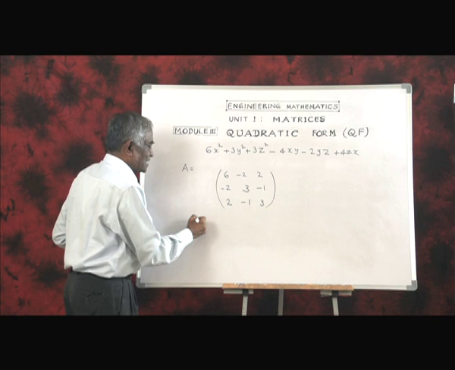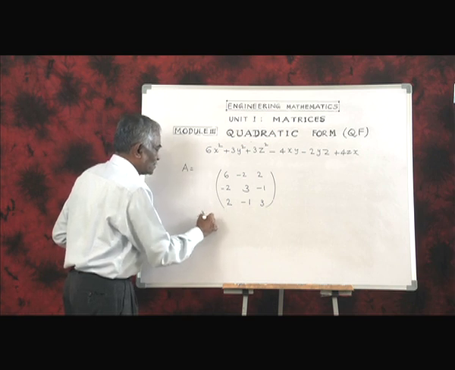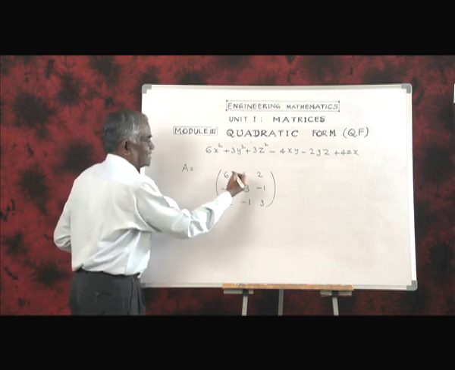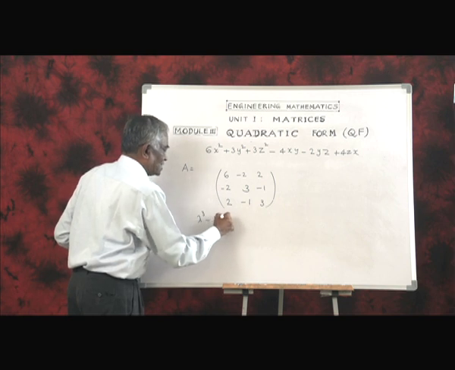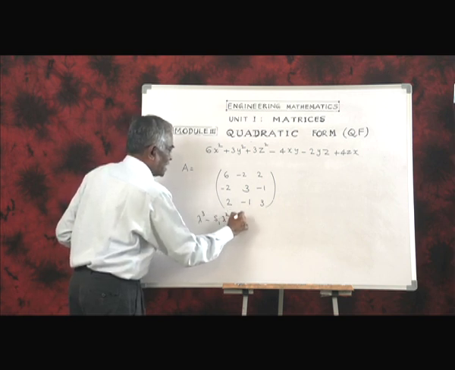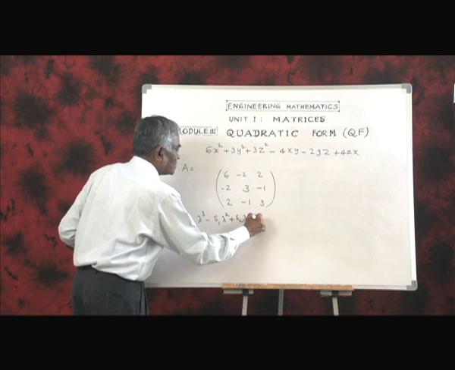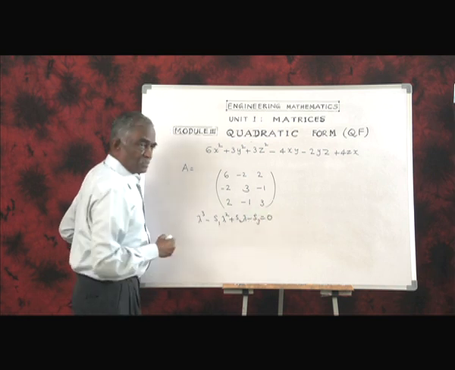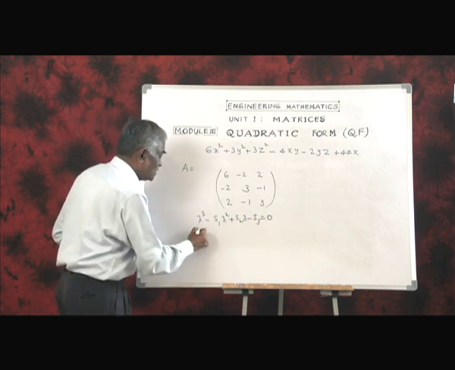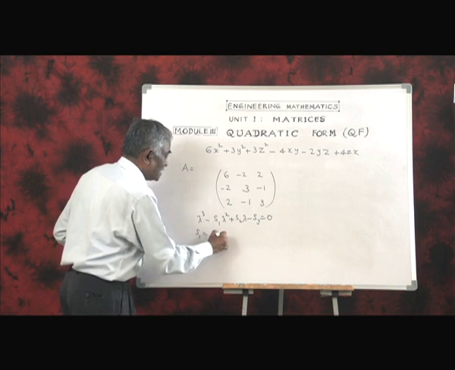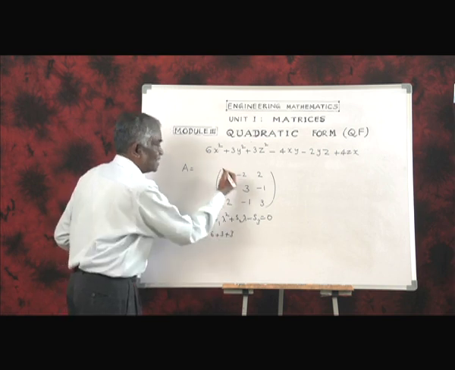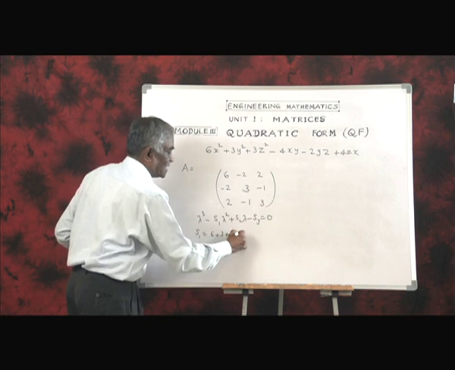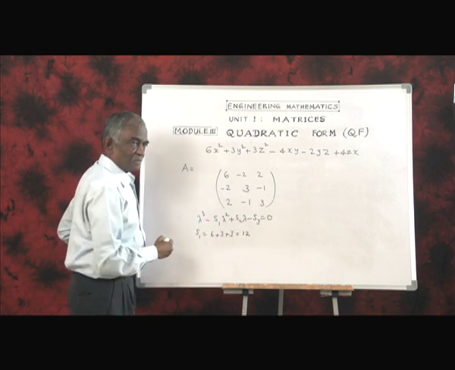So what is the characteristic equation? Lambda cube minus S1 lambda square plus S2 lambda minus S3 is equal to 0. What is S1? S1 is 6 plus 3 plus 3, which is the sum of the leading diagonal elements, that is equal to 12.